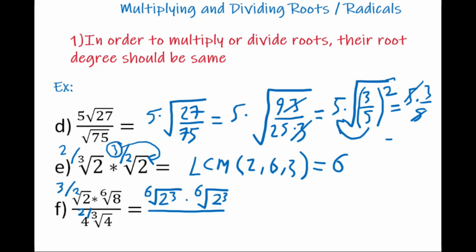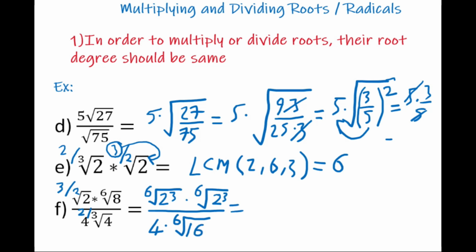Divided by, here we have 4 outside of the root, times, and now if you expand this root by 2, we're going to have 6 as a root degree also, and the same 2 comes as an exponent to the inside of the root, which is 4, so it's going to be 4 squared, or just let me write 16. I want to have more space, so it's going to be 16.